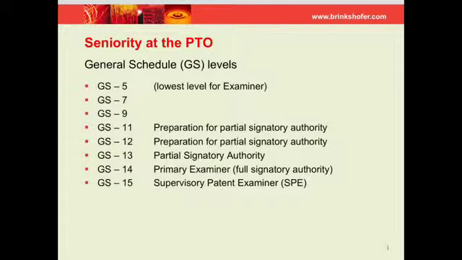Be it a non-final action, final action, or an allowance. After GS 14, an examiner can advance to GS 15, where they're basically termed a supervisory patent examiner, or a SPE. That's where an examiner will supervise anywhere between 8 to 15 examiners.